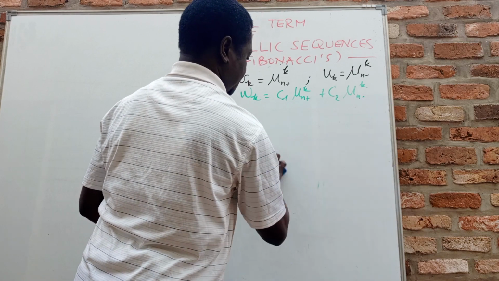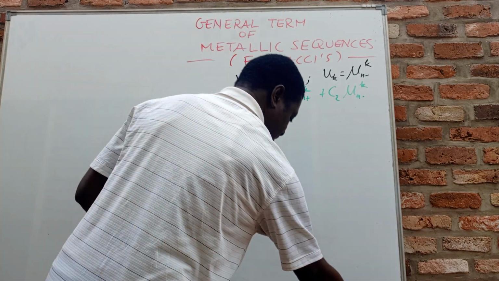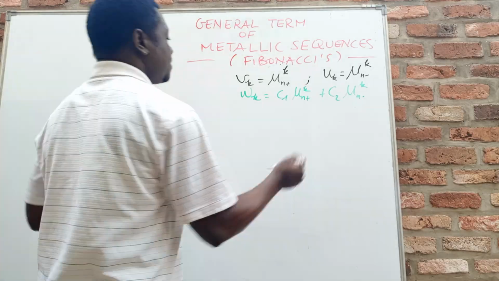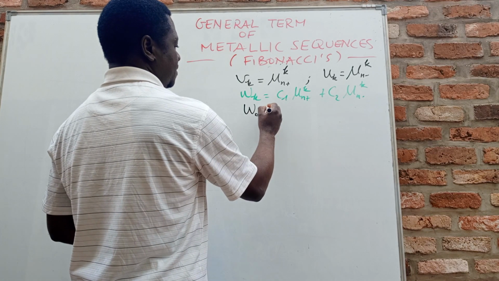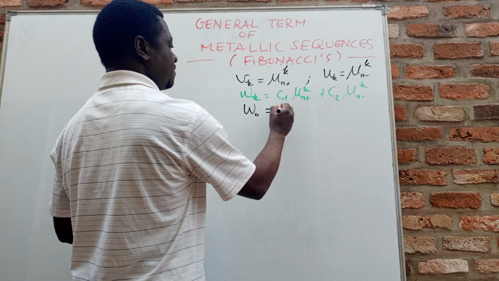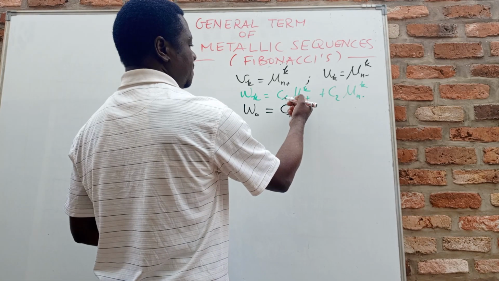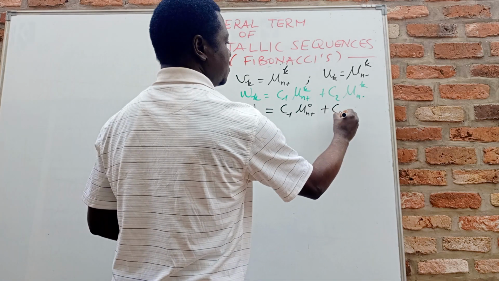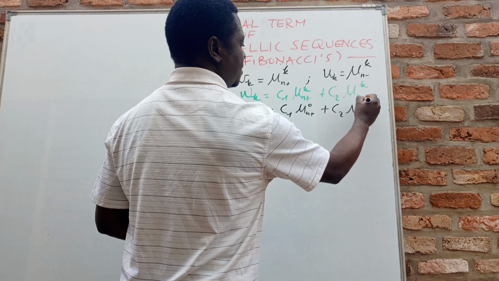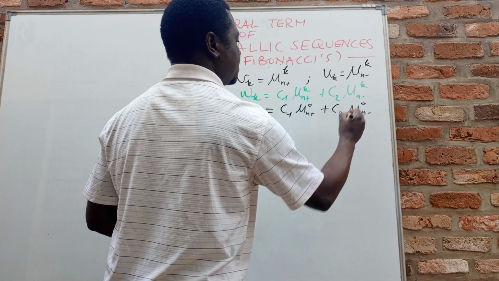Using them, if k equals 0, we have W0 equals C1 mu n plus power 0 plus C2 mu n minus power 0.